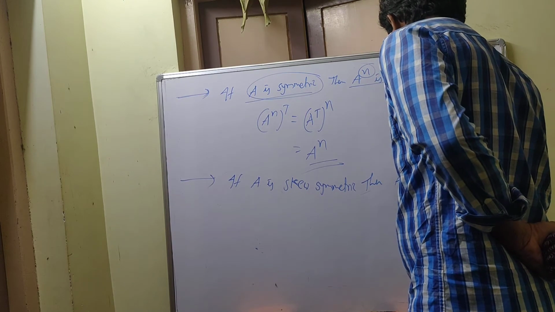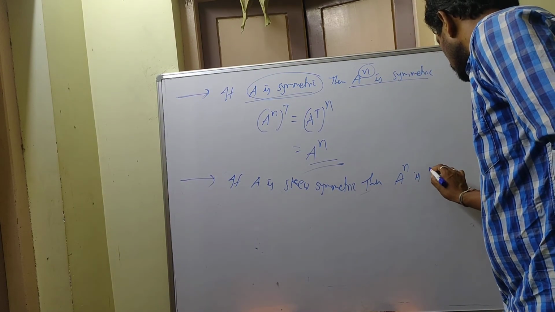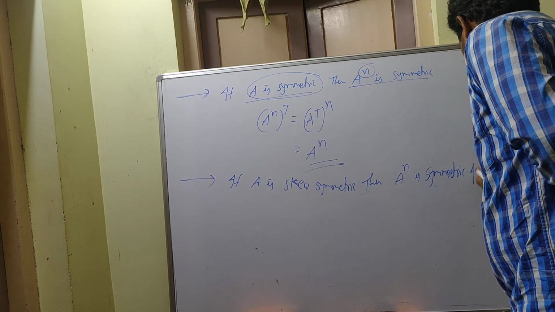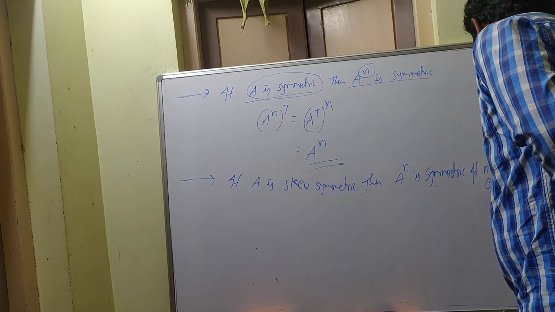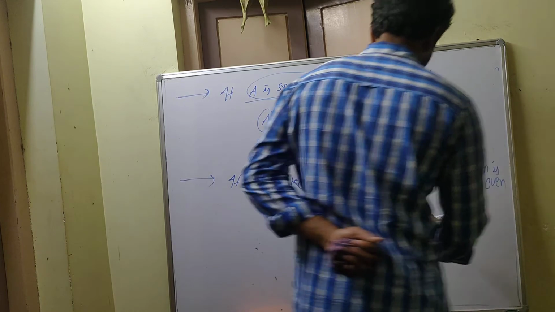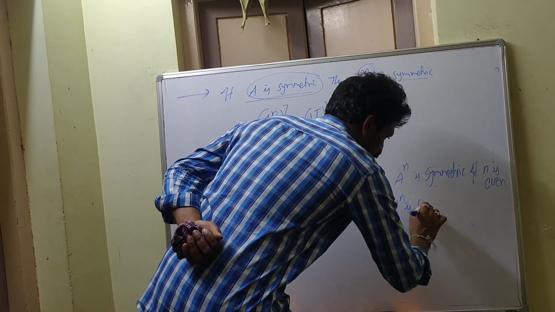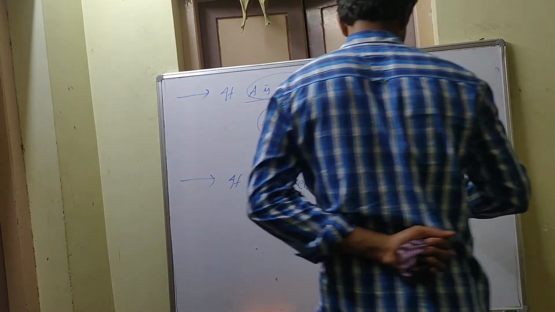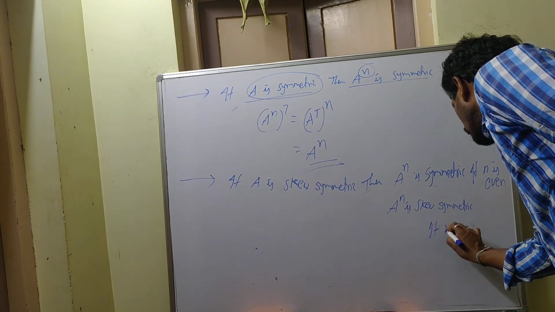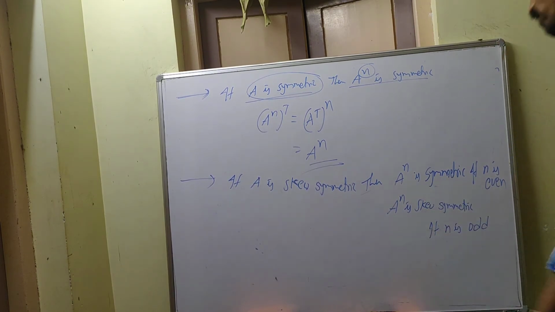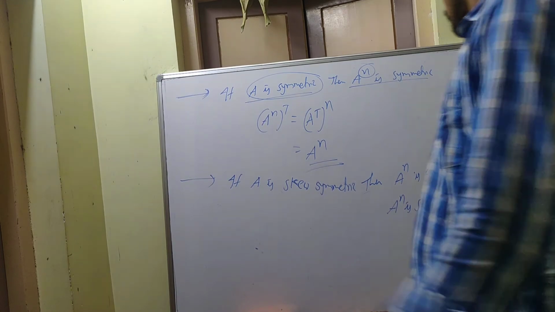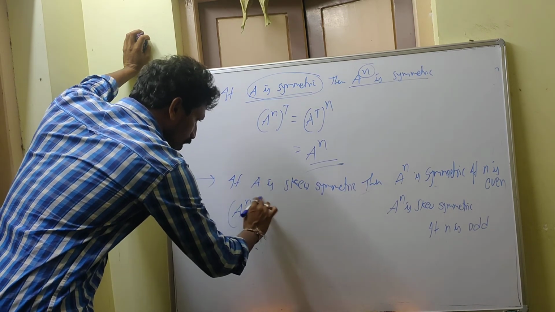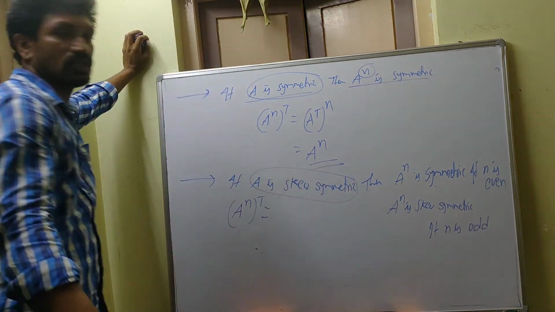Then A power n is symmetric if n is even, and A power n is skew symmetric if n is odd. See here, proof of this one. A power n whole transpose you have to take. Here they given A is skew symmetric.